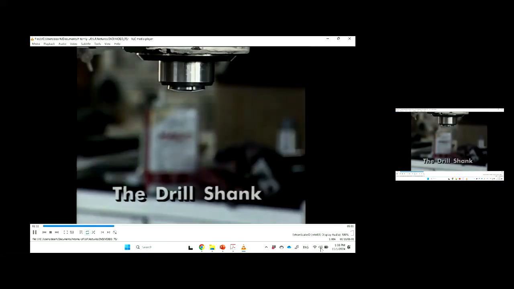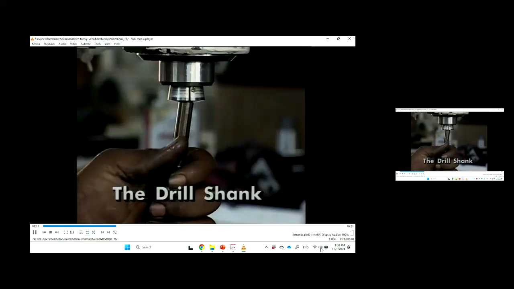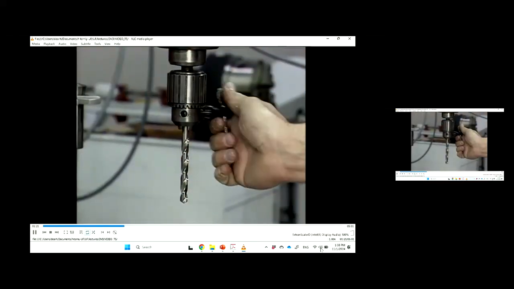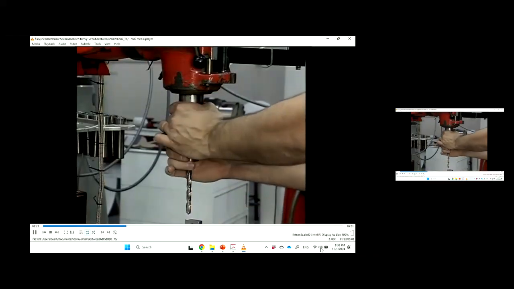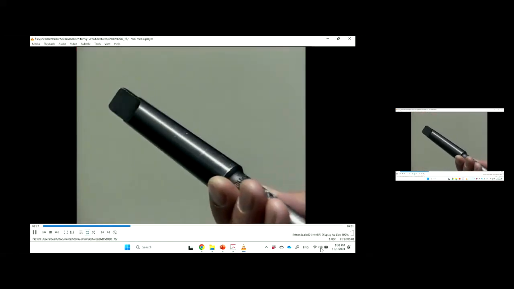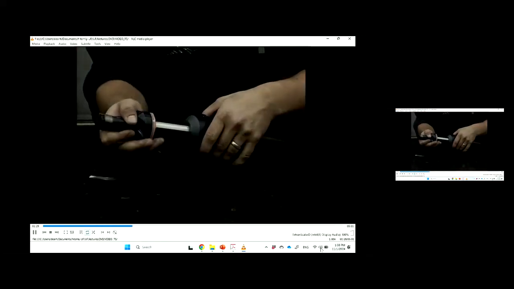The shank is the means by which the drill is held and driven. Twist drill shanks may be straight, for use in collets and keyed or keyless type drill chucks. Shanks may also be tapered for mounting directly into machine spindles or sleeves which fit in spindles.